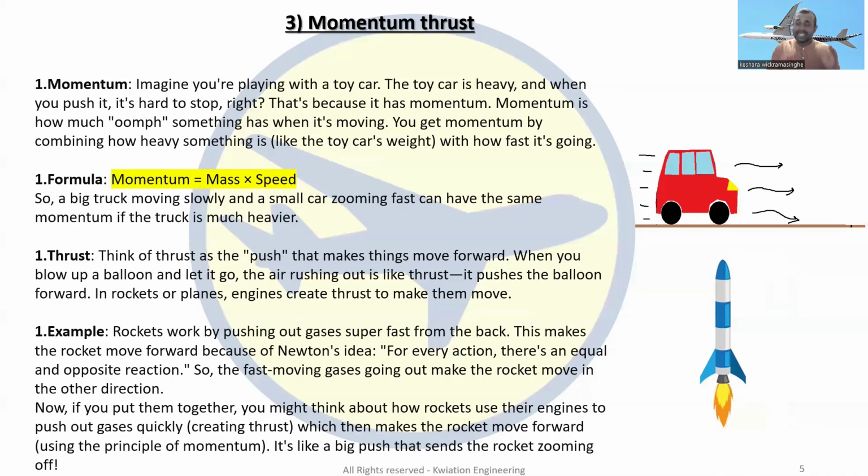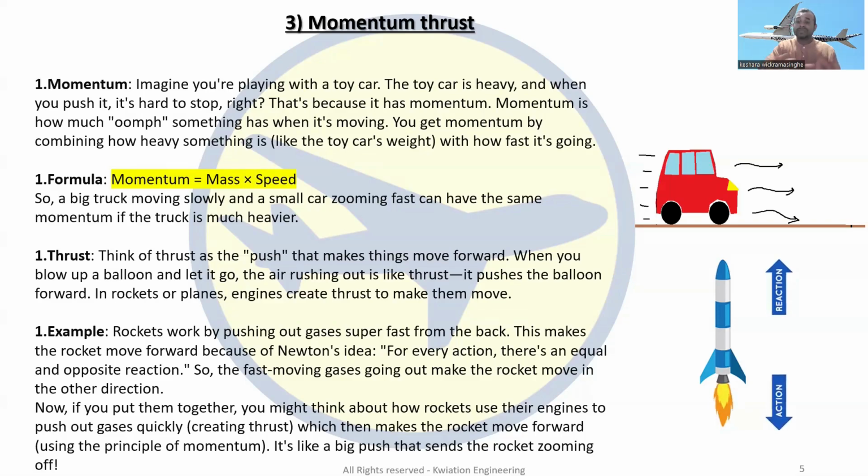So momentum is how much force something has when it is moving at some speed, how much speed something has when it is moving. You get momentum by combining how heavy something is, like the toy car's weight, with how fast it's going.